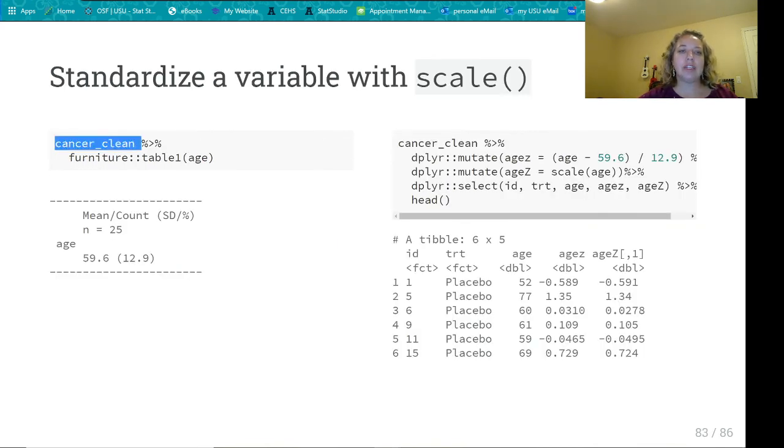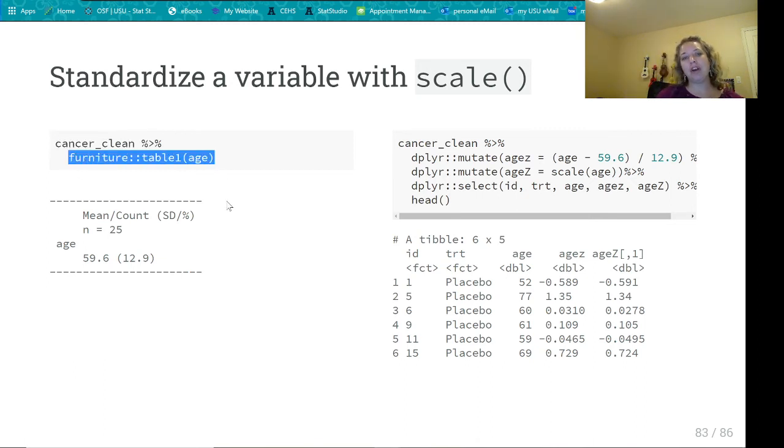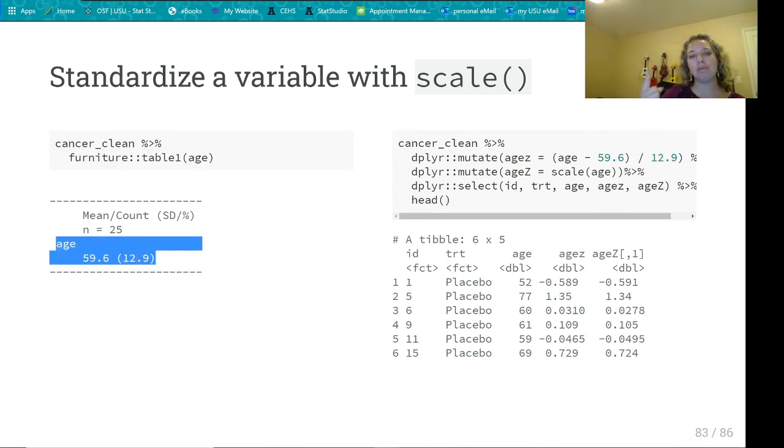We've already seen how we can pipe the data set into furniture table 1, and when we tell it a variable name, since age is continuous, it'll report the mean and standard deviation. Now this data set is not a whole population, so these values are X bar and S, the standard deviation S. The average age in this population from this study is 59.6 years with a standard deviation of 12.9.